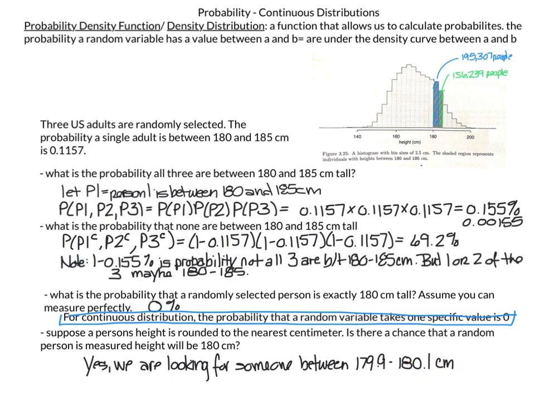If we're rounding, it might also be 179.5 to 180.5 centimeters. But the idea is as long as there's any width at all to the bin, then it's okay. We can find an area for the bin. It's only when the width of the bin is infinitesimally small, when you have a single point, that your probability is going to be equal to 0.